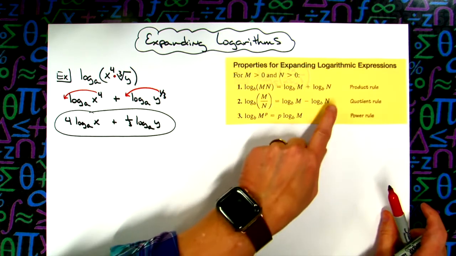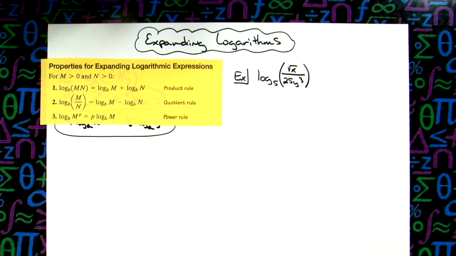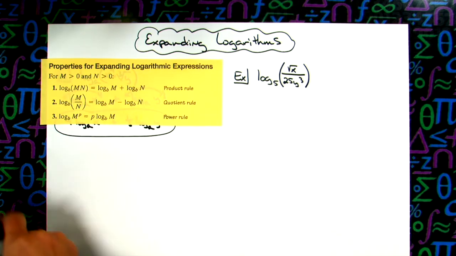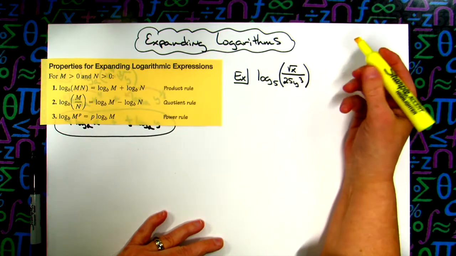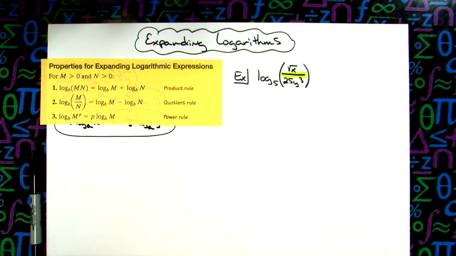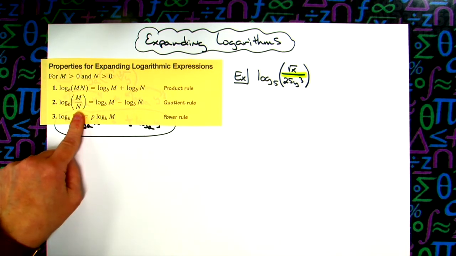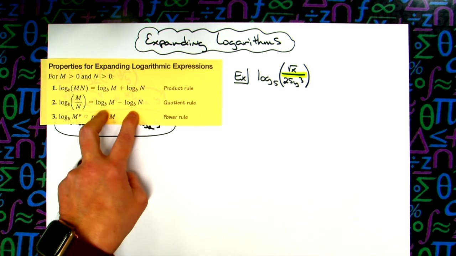All right, now let's go ahead and do one over here that's got a quotient in it. Okay, again, we'll keep these rules up here for us to have something to refer to. Hopefully in this example right here, you can clearly see I have a quotient right there. Something is being divided. So when I have a quotient, then I can rewrite it as two logs with the same base that are being subtracted.